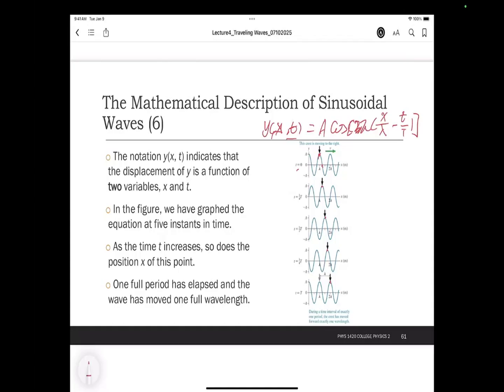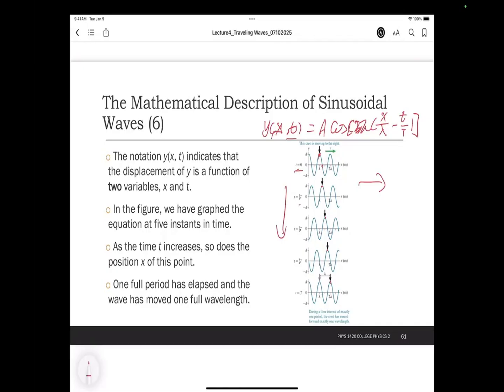In the figure, we have graphed the equation at 5 instants in time: t equals 0, a quarter period, half period, 3/4 period, and one period. As the time t increases, so does the position x of this point. As time passes, the position x also moves to the right.